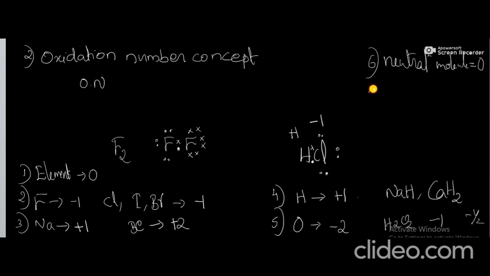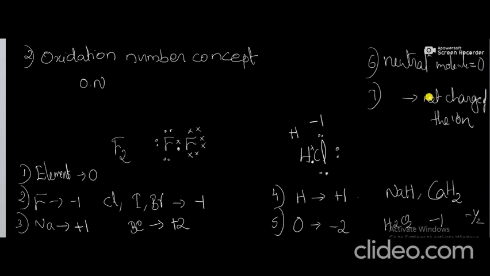For ions composed of only one atom, the oxidation number is equal to the charge on the ion. Whereas for polyatomic ions, the sum of oxidation numbers of all the atoms is equal to the net charge of the ion.